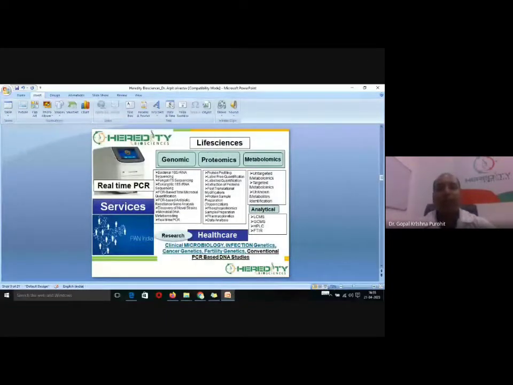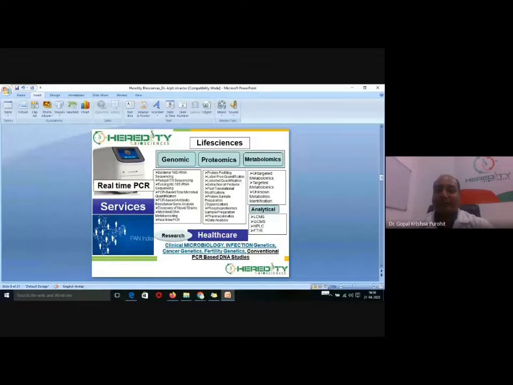Now we will move on to the Heredity Biosciences portfolio of services. We are providing genomics, proteomics, metabolomics and analytical services. In genomics, we provide bacteria and fungus PCR-based microbial quantification, PCR-based antibiotic resistance gene analysis, microbial DNA barcoding, real-time PCR and various other services.